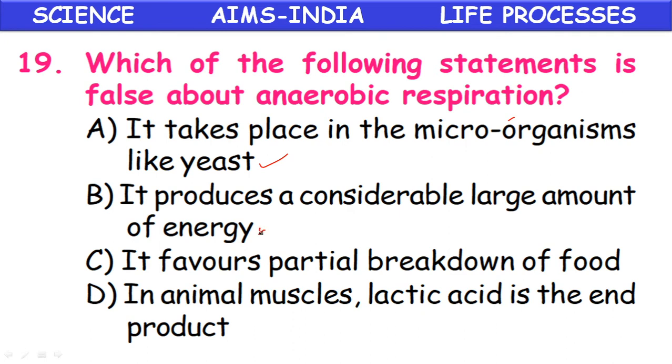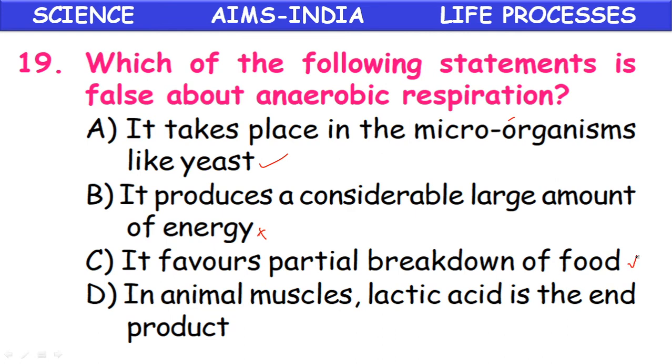So, what is the equation for anaerobic respiration? C6H12O6 in the absence of oxygen gives rise to 2C2H5OH plus 2CO2 plus 56 kilocalories of energy, very less. Okay. It favors partial breakdown of food.